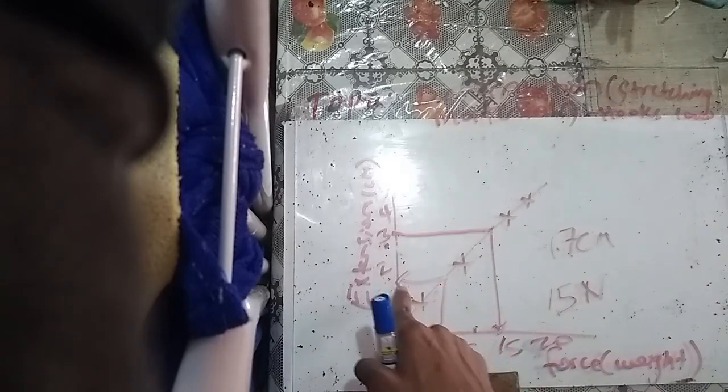Right? If a weight of 7.5 newton was added to it, it would extend to 1.7 centimeter. That is how you pull information from a graph, and not only Hooke's law, but many other graphs. This is called extrapolation. Pulling information from a graph or from something. Okay?